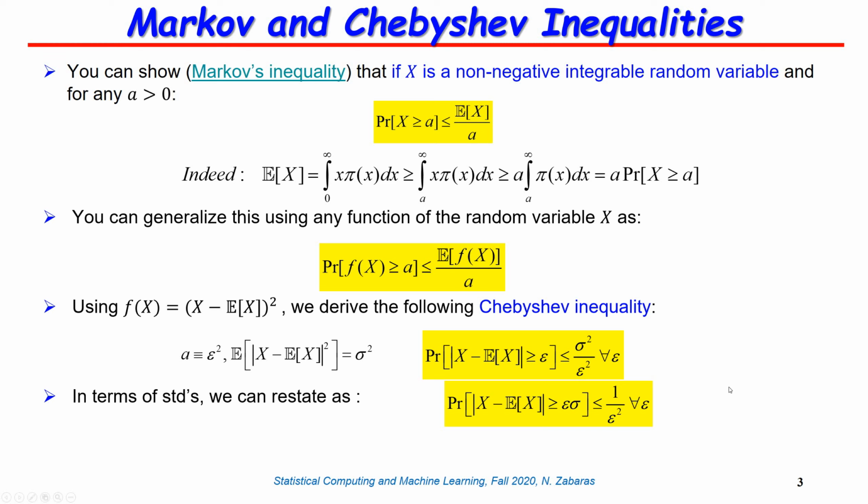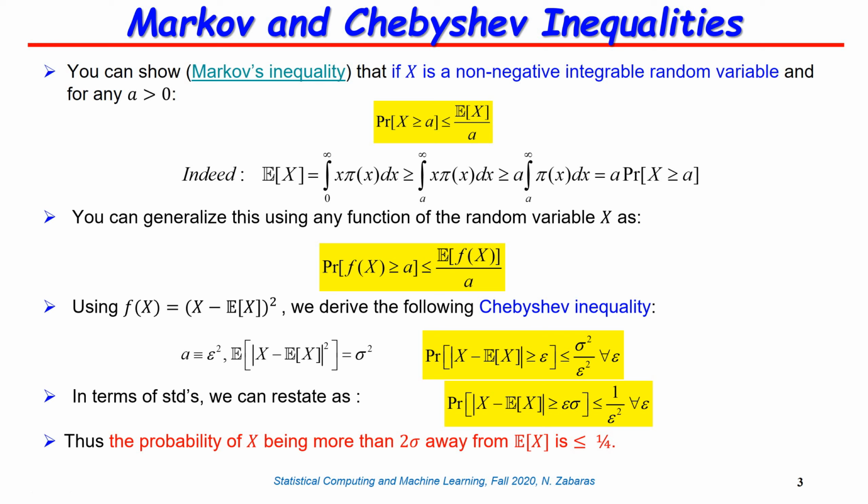You can plug in, as an example, epsilon to be 2 here, and you can immediately see that the probability of being away from the mean by 2 times sigma is always less or equal to 1/4. If you think about it, this is an amazing result, because it doesn't say anything about what the distribution is. It doesn't say I work with Gaussians or anything like that.